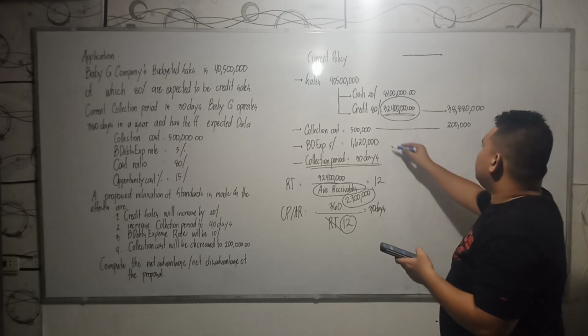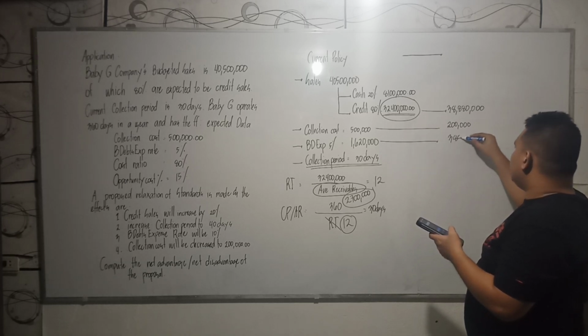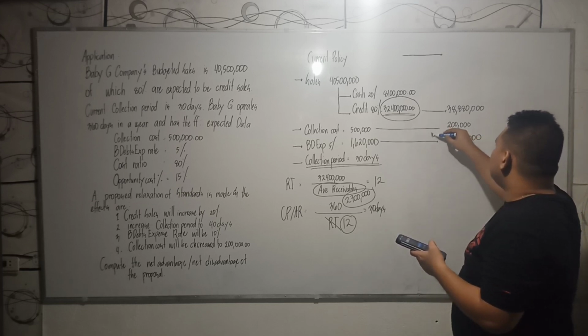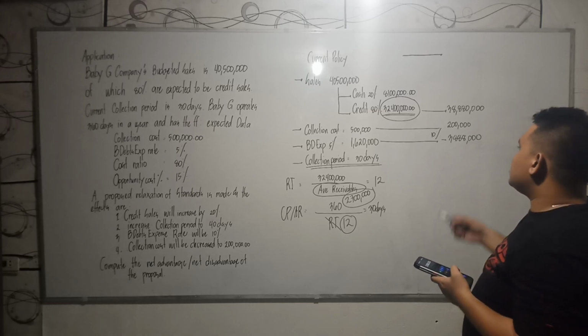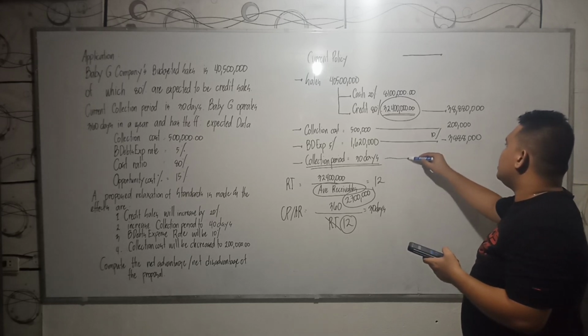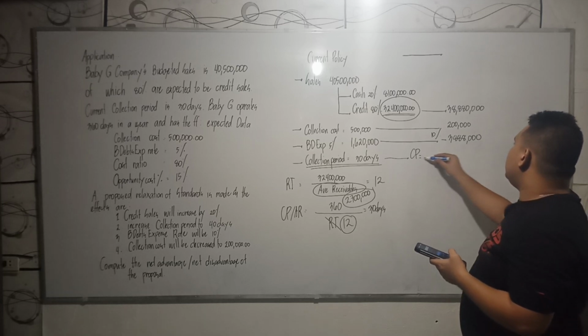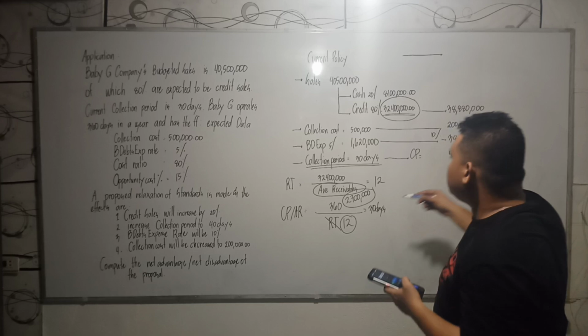So, from 1,620,000, it will become 3,888,000 for the bad debts expense. This is for 10% already. Now, the collection period basically becomes 40 days.